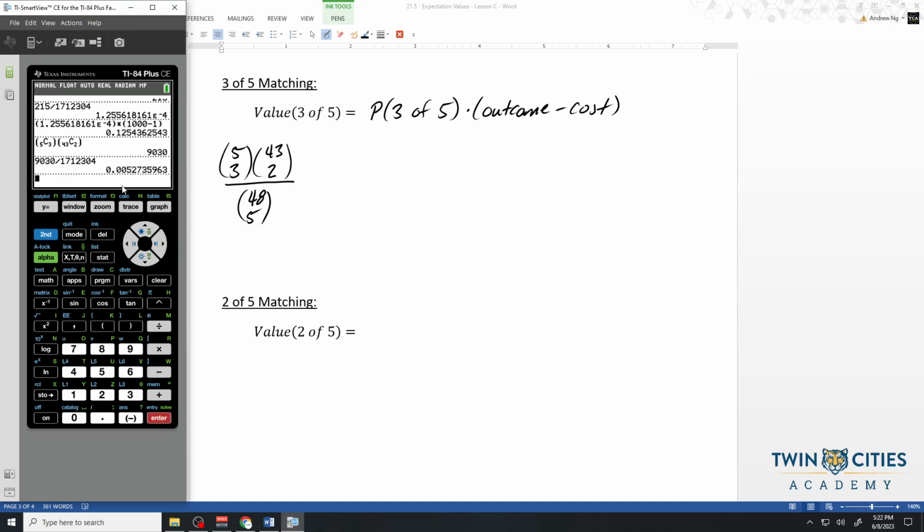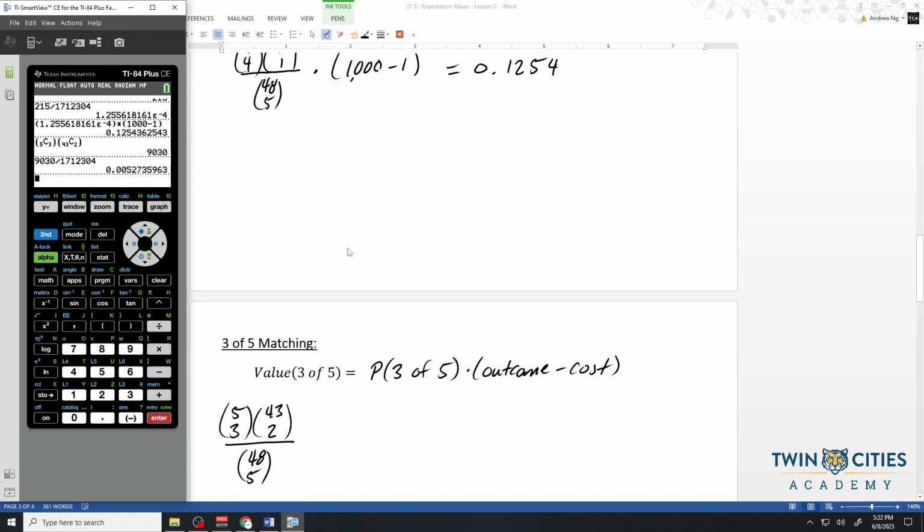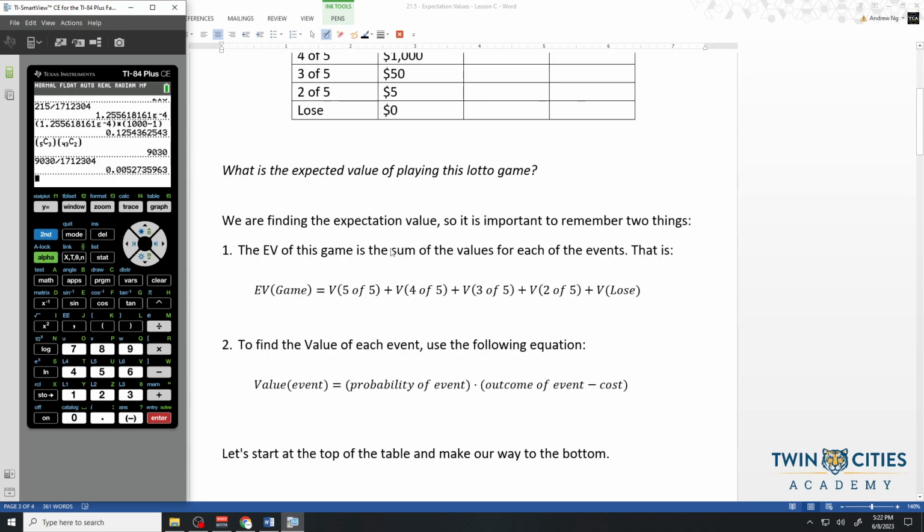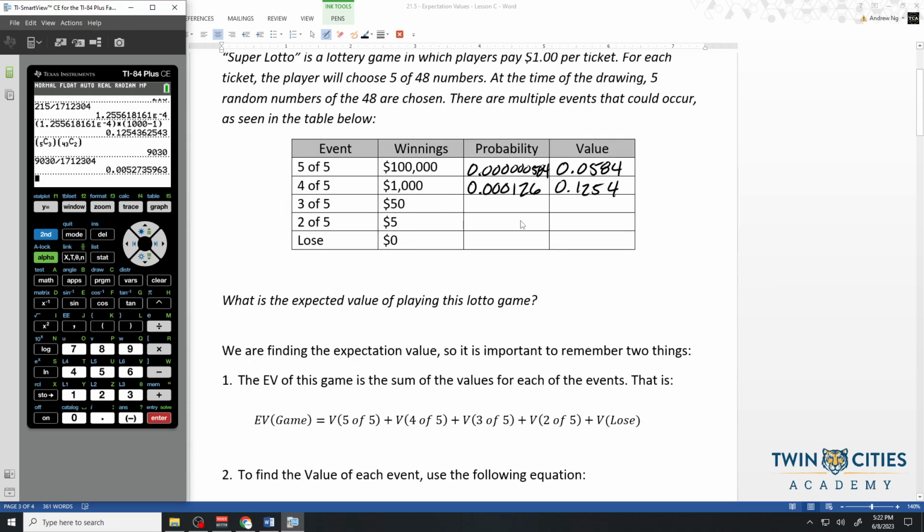Okay, the probability of this occurring is 0.00527. So I'll fill that in to my table. 0.00527.